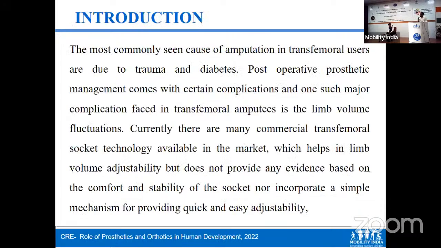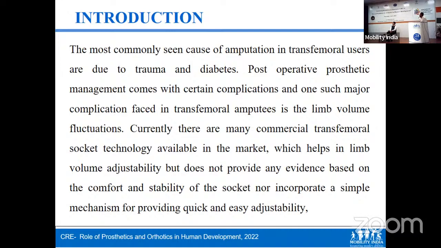Moving on to the introduction, the most commonly seen causes of amputation in transfemoral users are trauma and diabetes. Post-operative prosthetic management comes with certain complications, and one such major complication faced in transfemoral amputees is limb volume fluctuation.